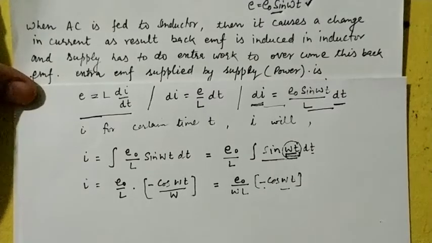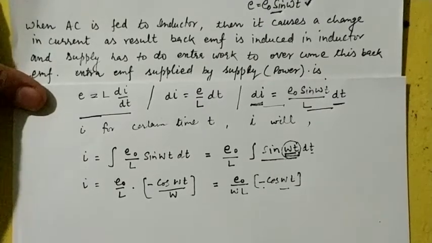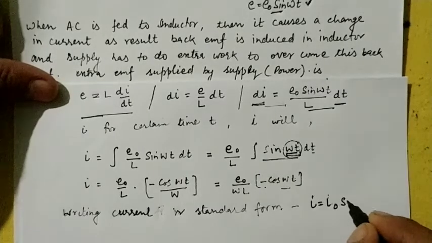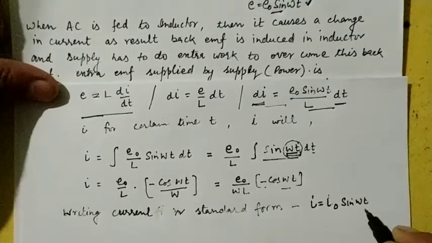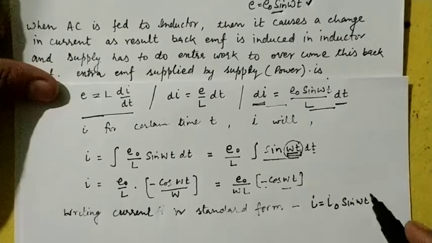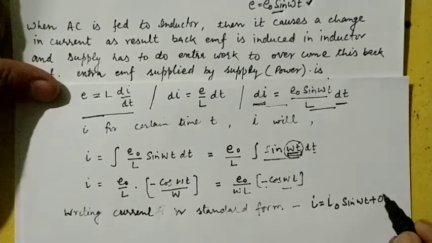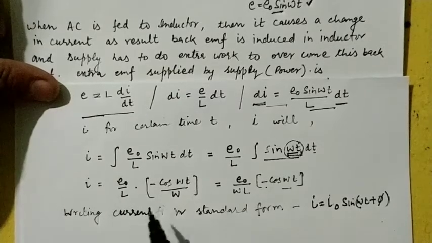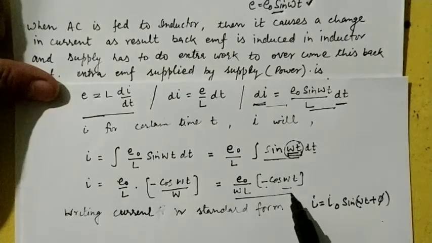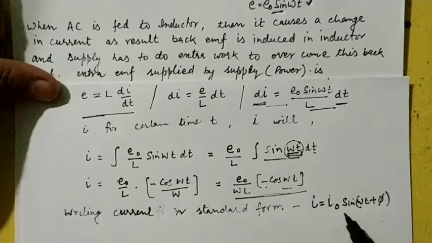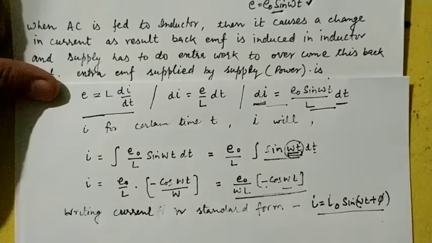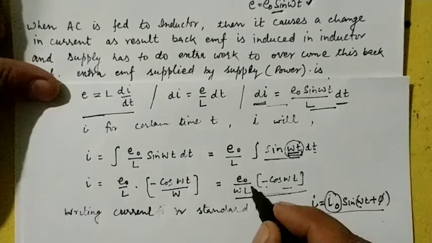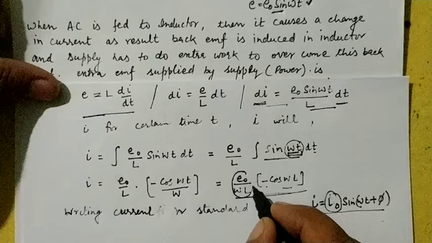But I want to write this value of current in the standard form, I naught sine of omega t. Since it is not sine, I add a phase factor, that is phi. Now compare these two equations. From here, I naught is equal to this value.